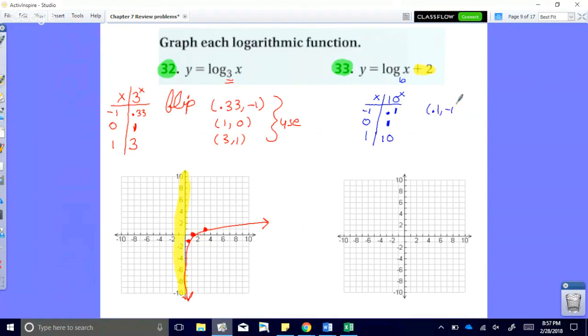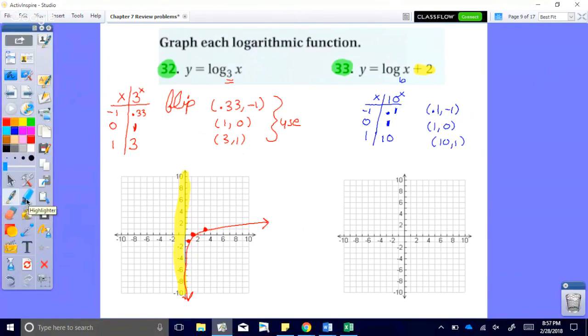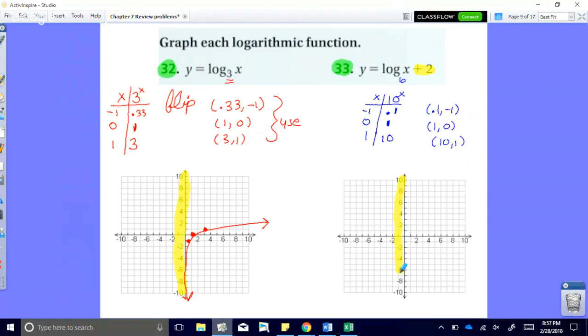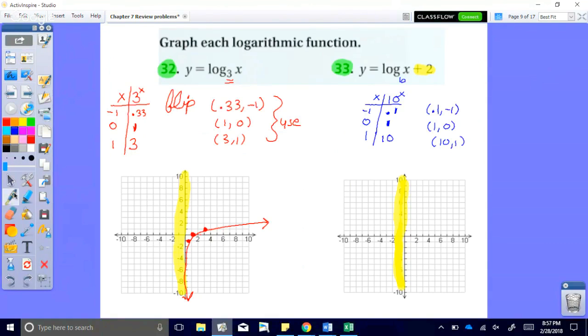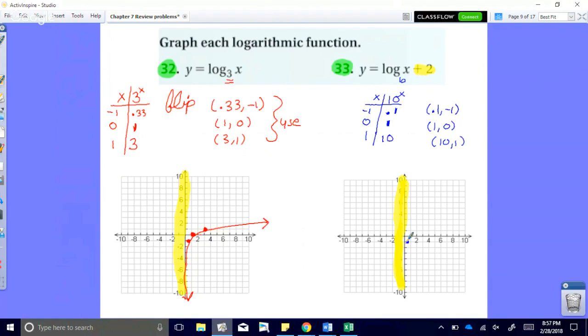And we're going to take those points again and flip them. And we said it's not moving left or right, so I still have the y-axis as the asymptote. Okay, so I'm going to graph here, here, over 10, up 1.